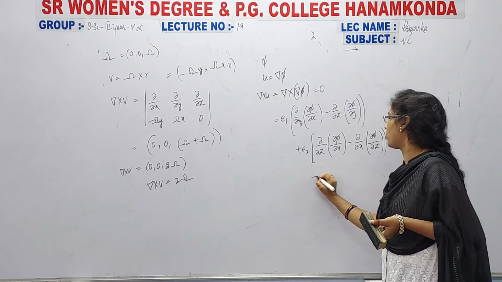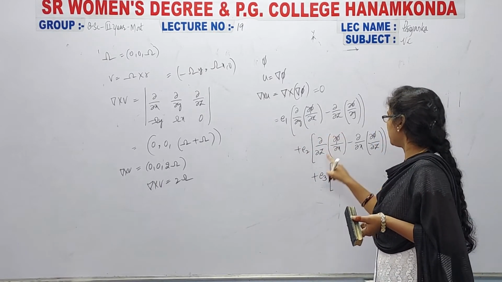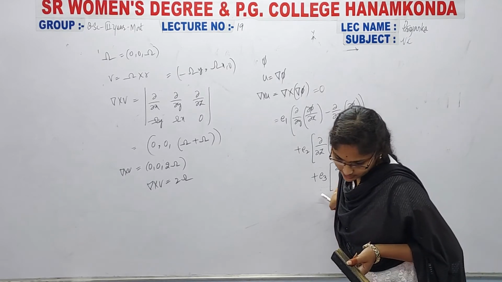Directly you can use this formula also, plus e3 of the cyclic terms, so now here we will get xy.